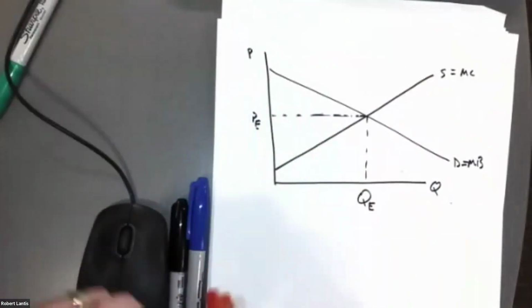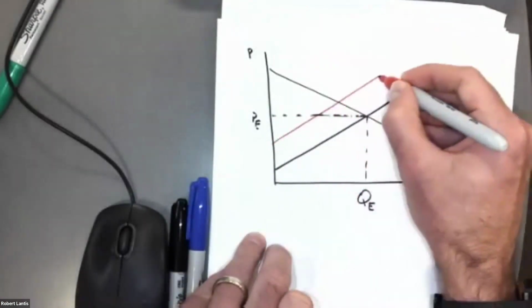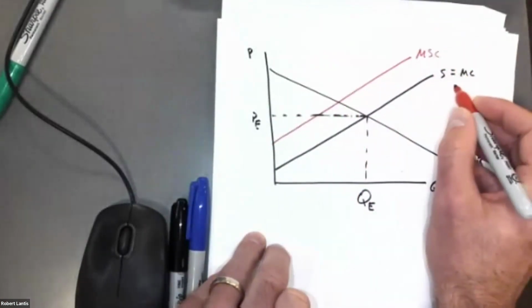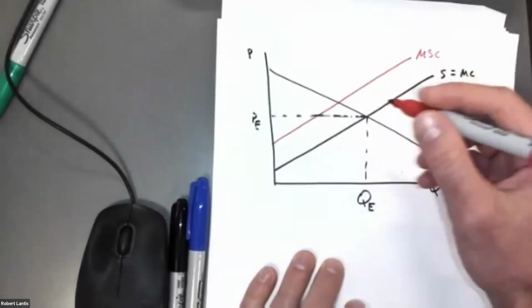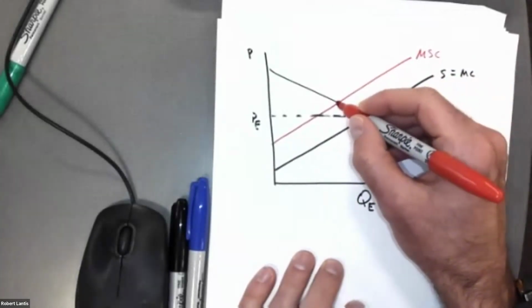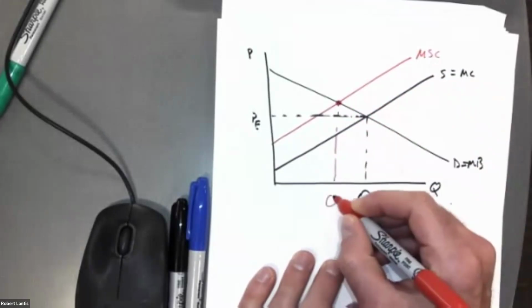If I have a negative externality, we said our social costs are higher than the private marginal costs. And the efficient point for society really should be down here. Okay?